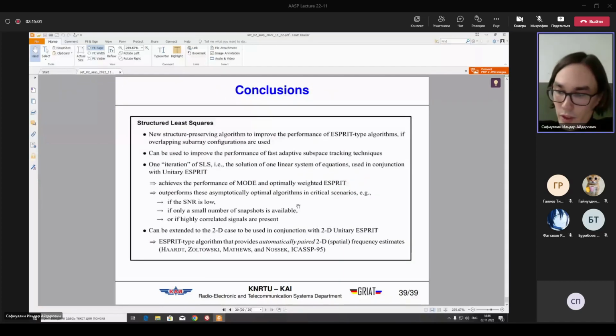And as a summarization for the SLS solution, it's really a complicated thing, but from these simulations, and I will try to redo these pictures with better quality, we see that SLS really works better than, for example, just the least squares solution, and it can improve our estimates with just one iteration.